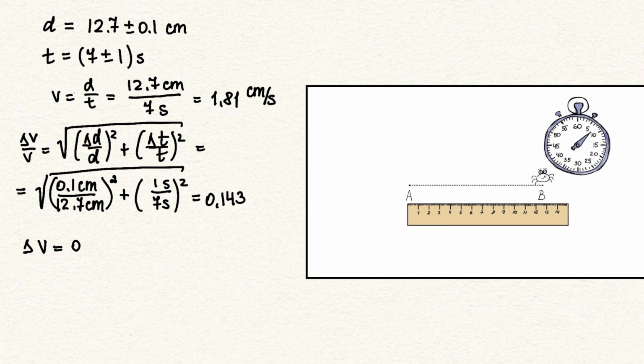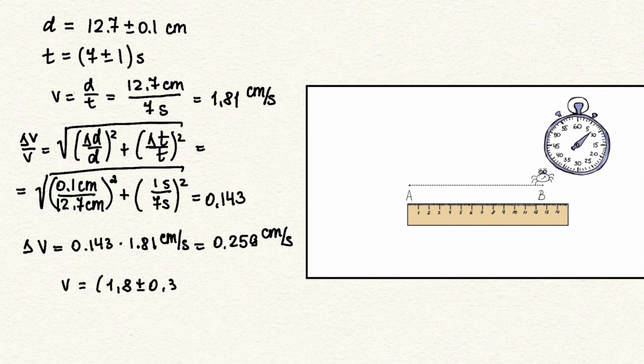So the relative uncertainty is 0.143, and we'll multiply it by the value which we found before, 1.81 centimeters per second, and I'm getting 0.259 centimeters per second. So now I can write the final result, and my velocity equals 1.8 plus minus 0.3 centimeters per second.